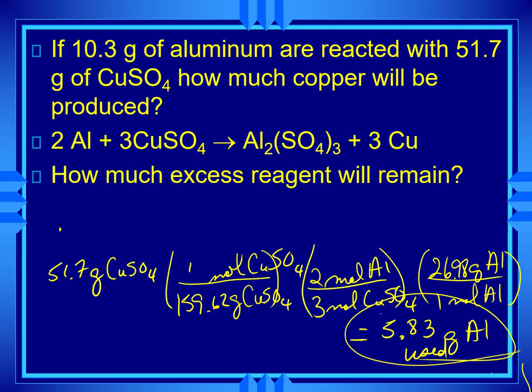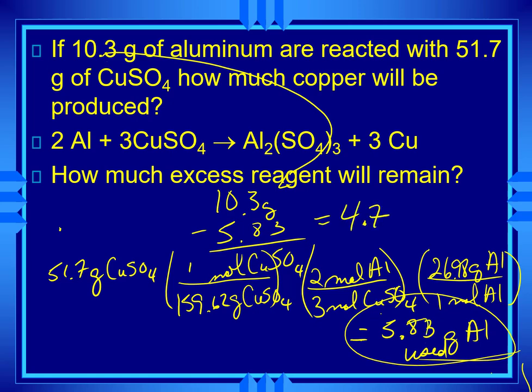To find out how much is left, I have to take the 10.3 grams that I started with and subtract the 5.83, and that gets me 4.5. No, sorry, 4.7. So I got 4.7 grams of Al left over.